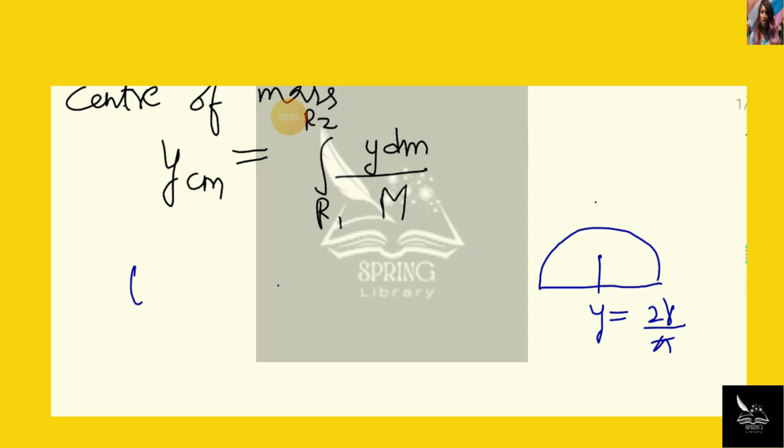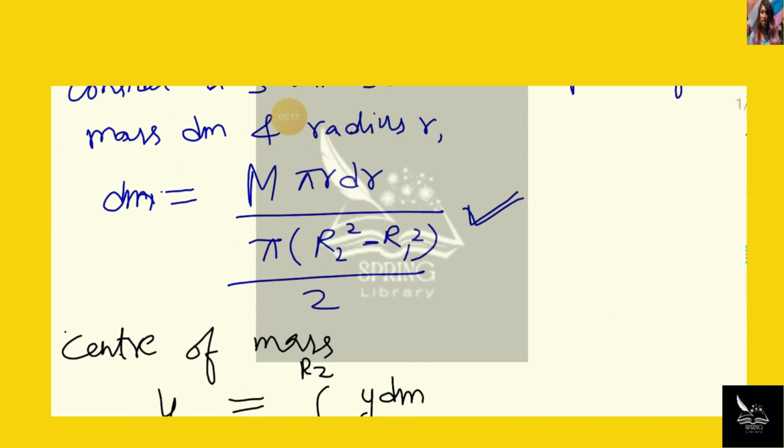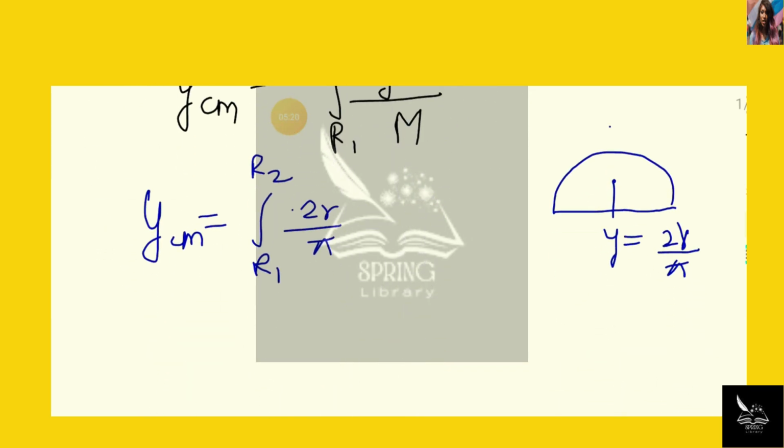Substituting this data, YCM is equal to the integral from R1 to R2, where y is 2R over pi and dm is what I got in the above step: dm equals M pi r dr divided by pi times, in the parenthesis, r2 square minus r1 square divided by 2.